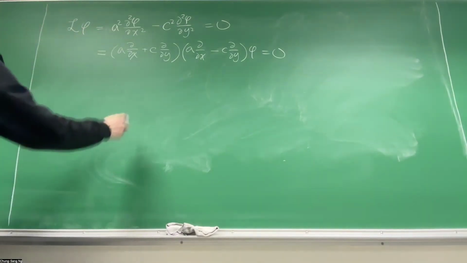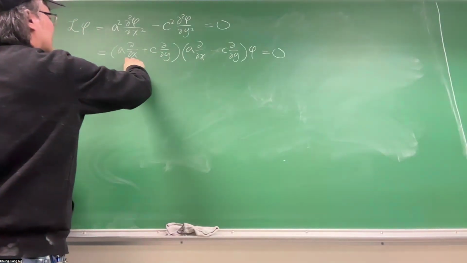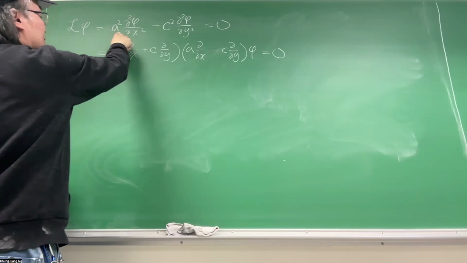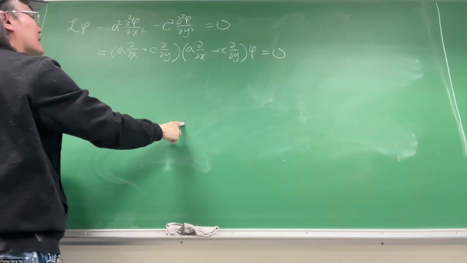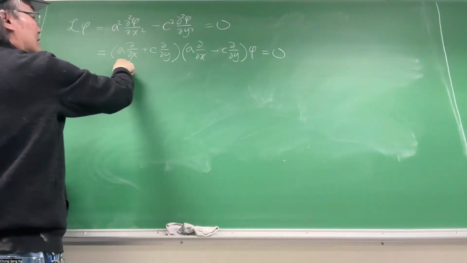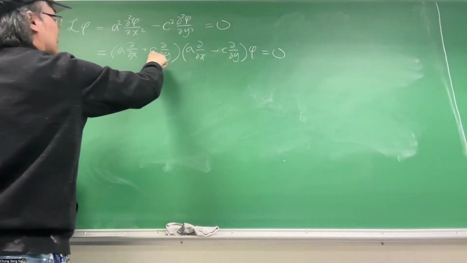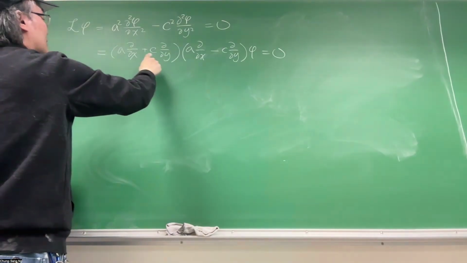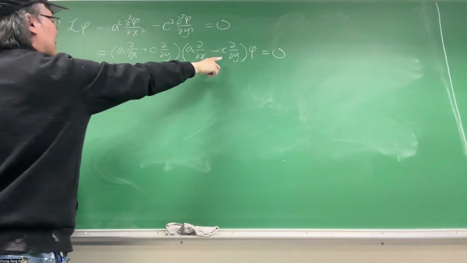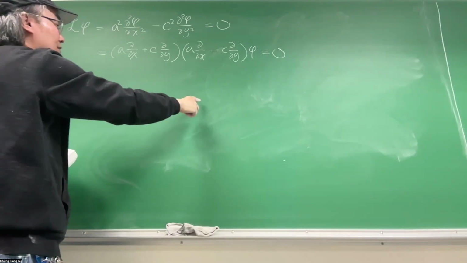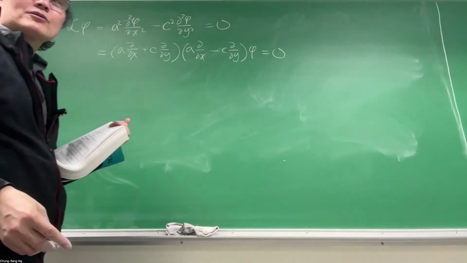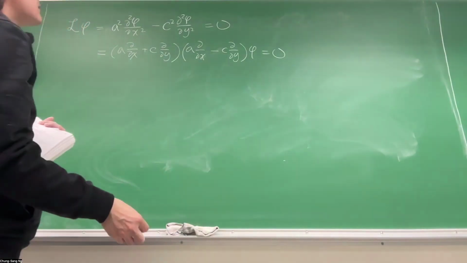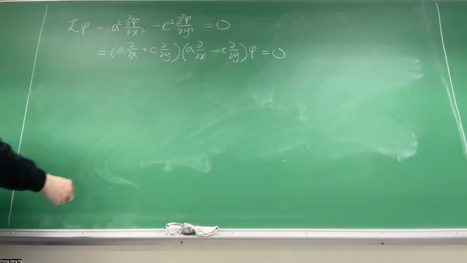But assuming constant coefficients, this times that is this one, this times that is this one, you have the minus sign, and then this times that plus this times that will be 0, because the coefficients a times c, one is plus sign, one is minus sign, and you have a second derivative, partial square, partial x, partial y, so that cancels. So obviously this one.